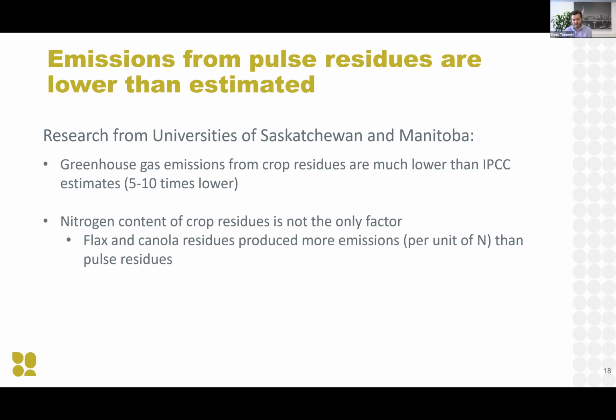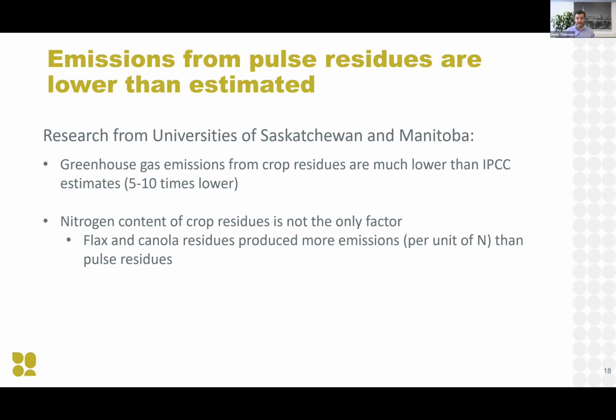The other thing I was going to say is that the emissions of pulses are probably lower than we estimate them to be. That's because the crop residue contribution I was speaking about a few minutes ago is actually lower than the estimates that were produced in the past.